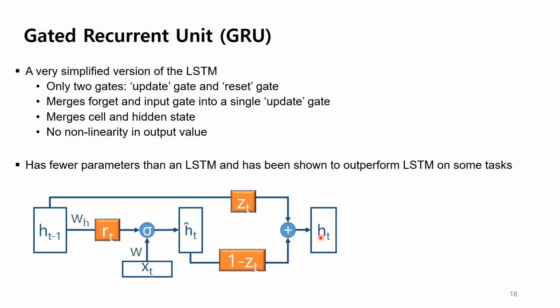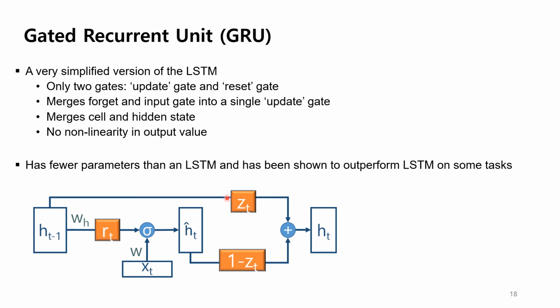We have two choices: the previous value of the hidden node, and the one we just computed, which is another candidate of the h_t value. So which one are you going to choose?